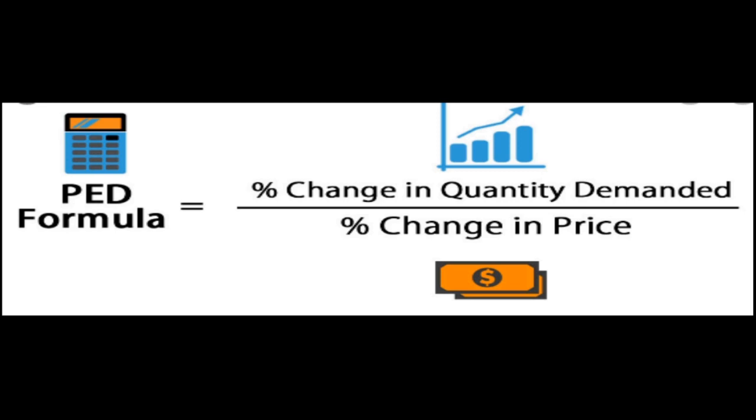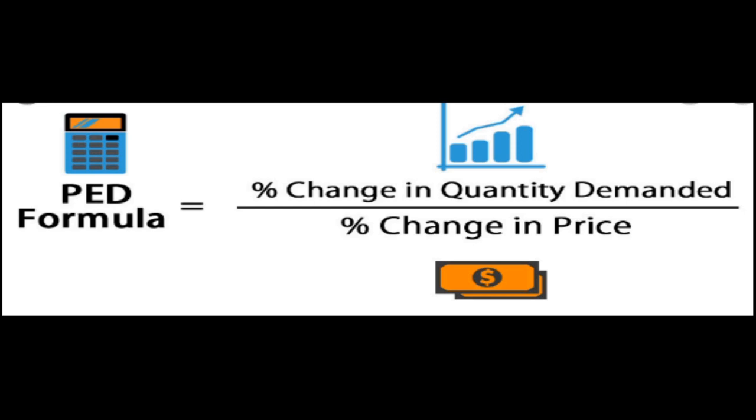Or we can say price elasticity of demand is equal to the change in quantity demanded due to the change in price, the proportionate change in quantity demanded to the proportionate change in price. Or we can say this is P del Q by Q del P. P del Q, price into change in quantity, divided by quantity into change in price.